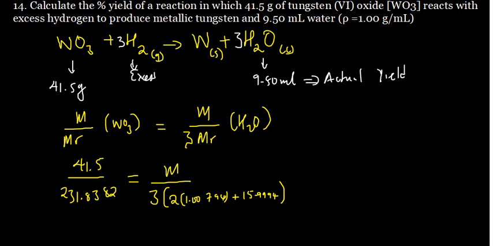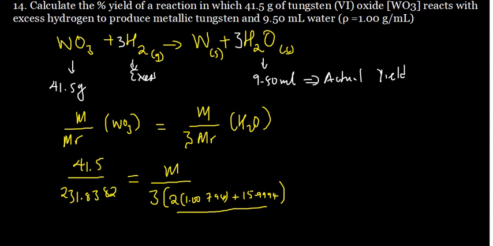We're going to say 2 multiplied by 1.00794, and then plus 15.9994. So this inside has given me 18.01528. Then I'll multiply by a 3, which is this 3 which is here.